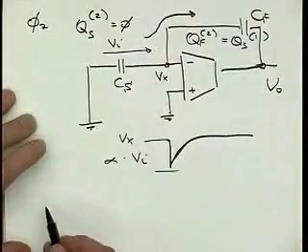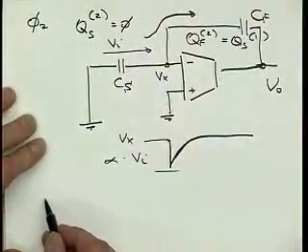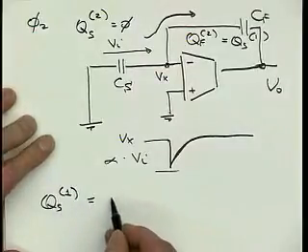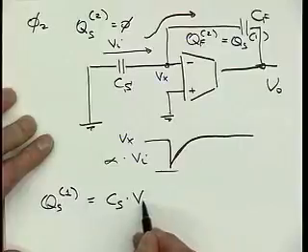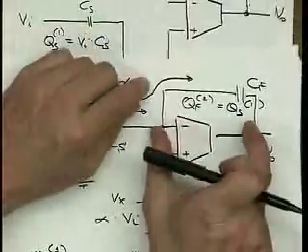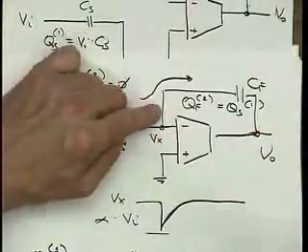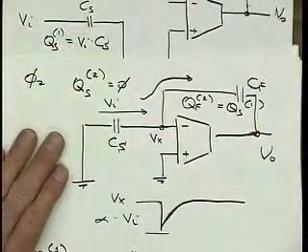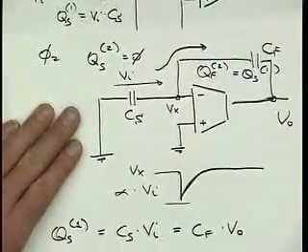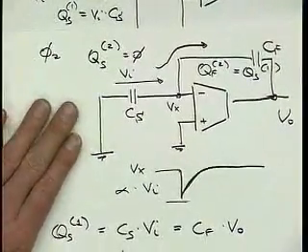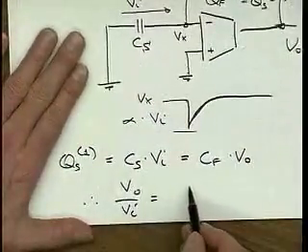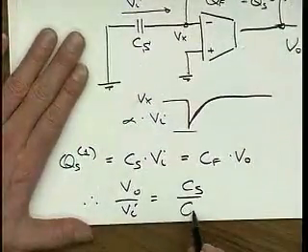And now we can easily calculate what the voltage is here at the end of phase 2. Qs at the end of phase 1 was equal to Cs times Vi, and then Qf is also equal to Vout times Cf, and consequently we can solve for Vout over Vi is equal to Cs over Cf.